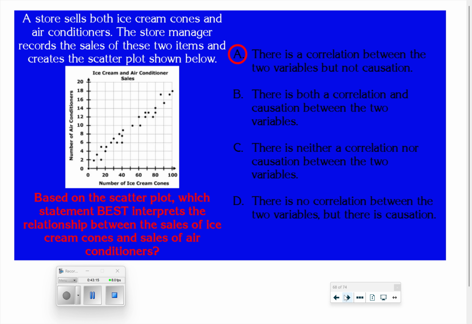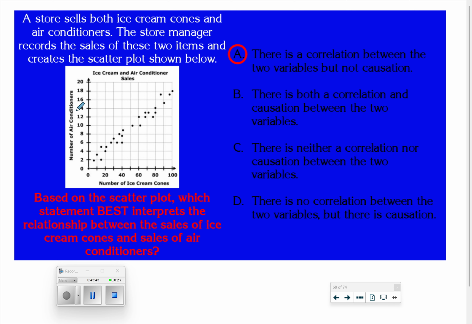All right, the answer is A. Okay, there is a correlation. The number of ice cream cones sold goes up, and air conditioners also sell, right? All right. Now, the ice cream selling doesn't make you buy more air conditioners, but the temperature getting hotter may cause both of those.